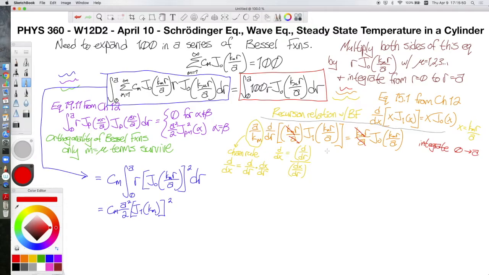On the left side, we end up with the same constant a over k_m out front times what was inside of that derivative before, which is r times J_1 of k_m r over a, evaluated from r equals 0 to r equals a. And the right-hand side will be equal to just the integral from 0 to a of r times J_0 of k_m r over a.